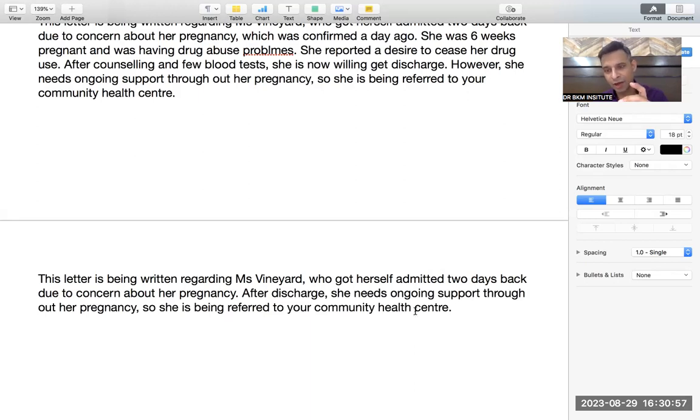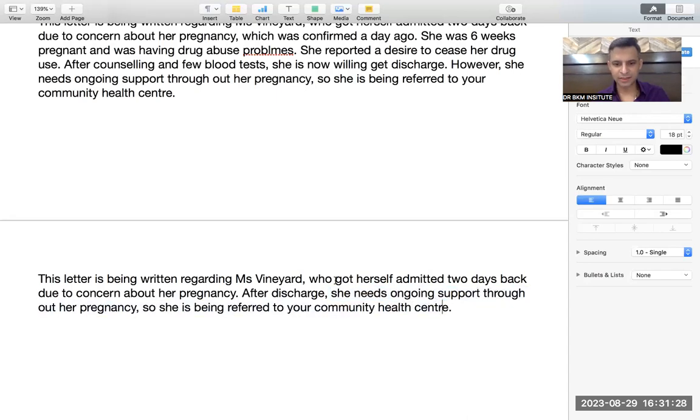So this is how simple you can make it. If you are unable to write this much of a story, this is the purpose, that you are writing regarding Vineyard 2 days back due to her pregnancy, and after discharge, she needs ongoing support throughout her pregnancy. This is the main thing. So she got herself admitted 2 days back. After discharge, she needs ongoing support. So this is the main thing.